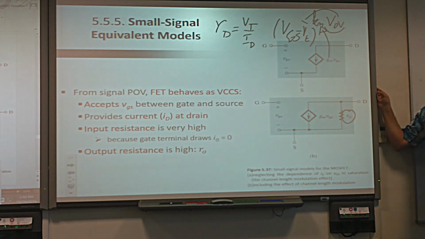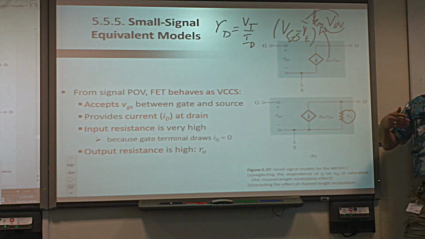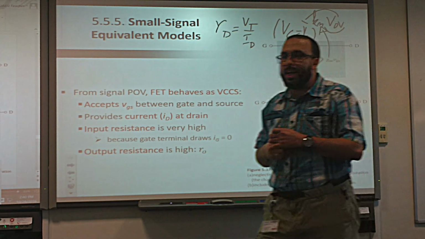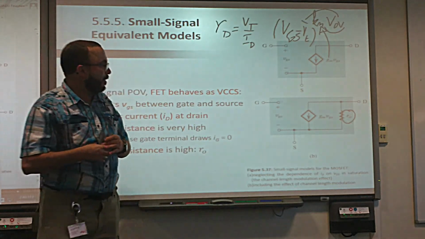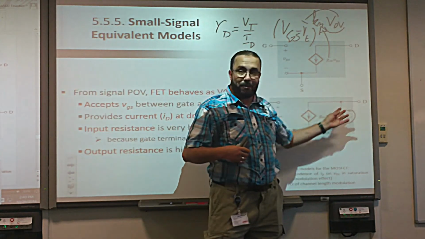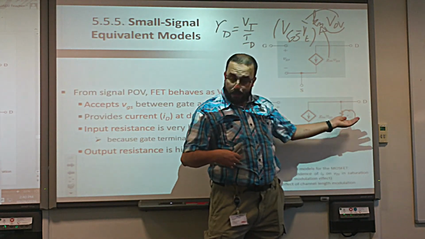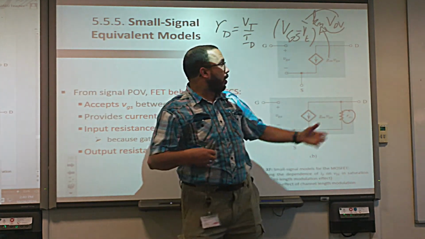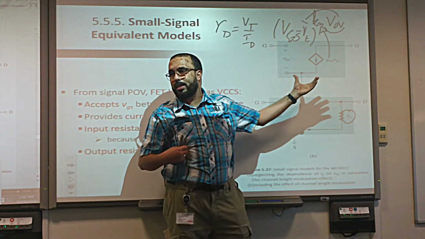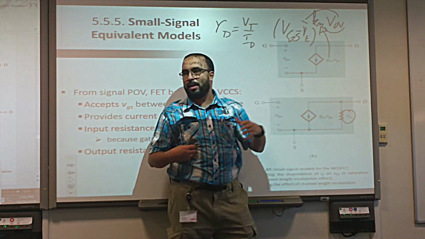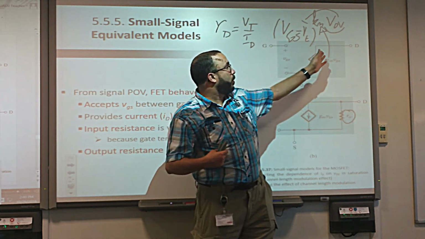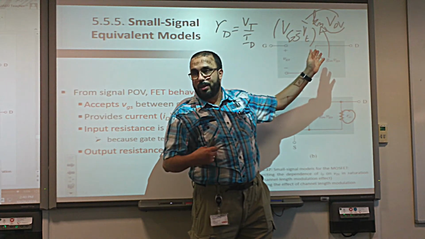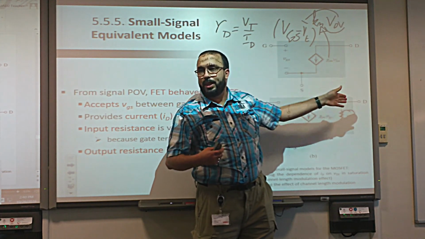If you revise, you will know what I'm talking about. We said if we include the effect of channel length modulation, we have to put r0 between the drain and the source. Otherwise, in the ideal case of the transistor, we don't put a resistor here, because the output current in DC doesn't depend on VDS.